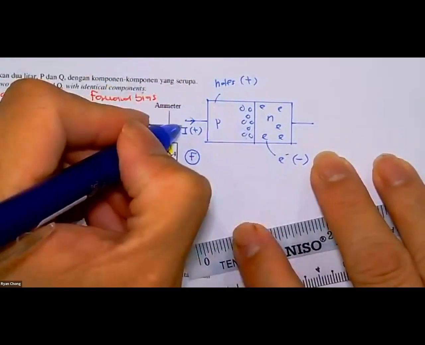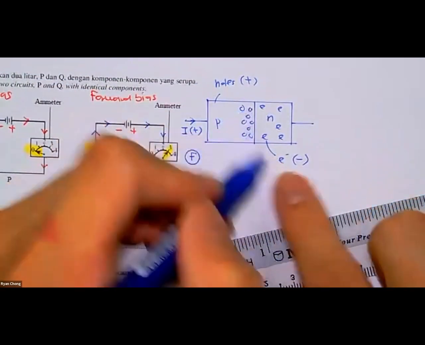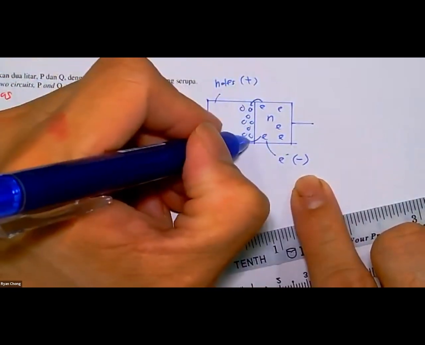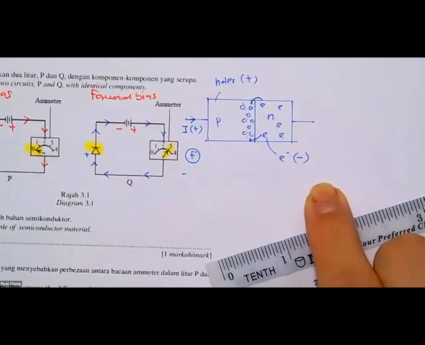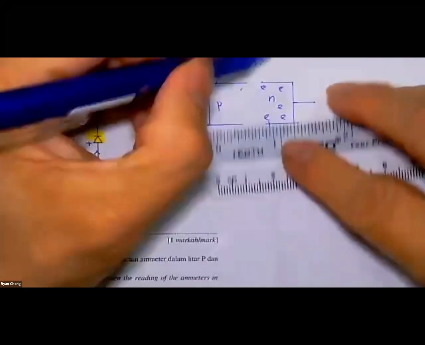The hole is positive, the electron is negative, so the holes will attract the electrons to jump over. When the electrons jump over, the circuit is complete. That's why current flows, and that is forward bias. So this is the mechanism of how the diode actually functions.